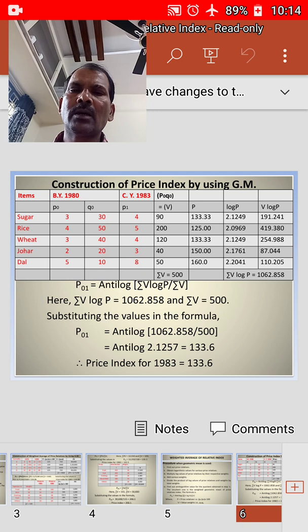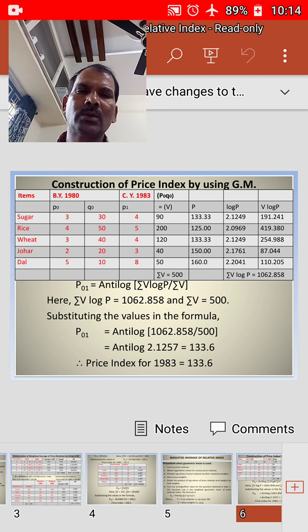Then 3 by 2 is equal to 1.5 into 100 is equal to 150. 8 by 5 is equal to 1.6 into 100 is equal to 160.